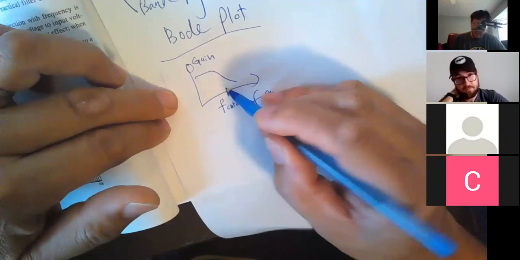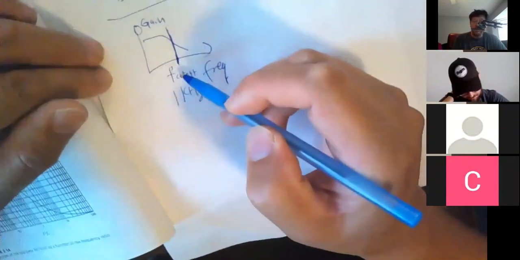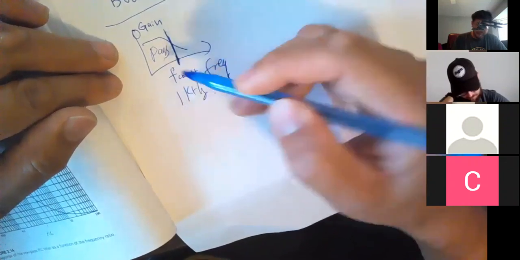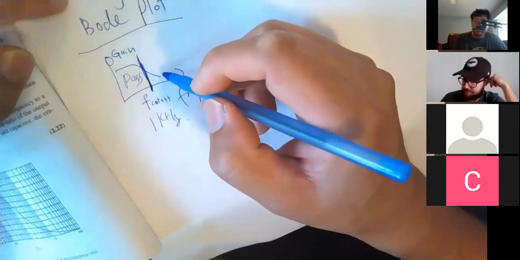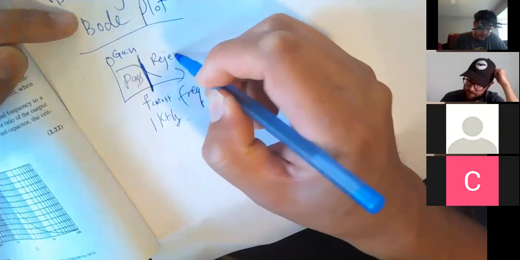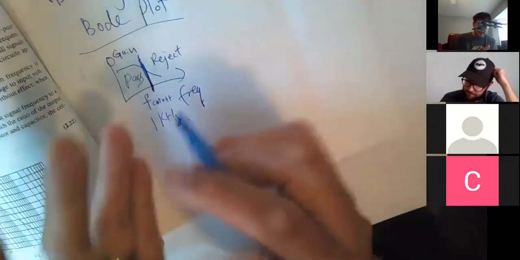For example, the cutoff frequency is 1000 Hertz. So we call this a low pass filter. Anything below 1000 Hertz will be able to pass. Any signal above 1000 Hertz will be rejected. So low pass, high reject.